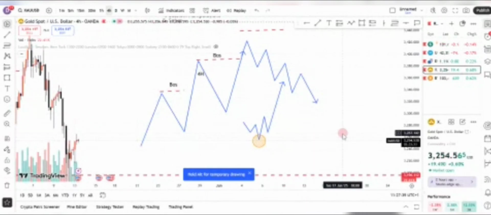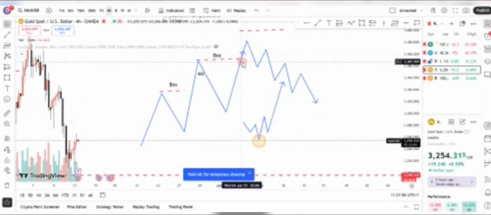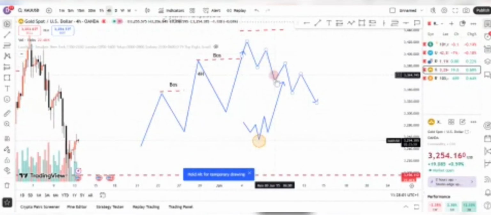Now let's come back to how the trend looks. Price comes down here and then makes a new high, and because it has broken structure, what do we anticipate? We anticipate that this is a bullish market, but there will be some series of selling opportunities.